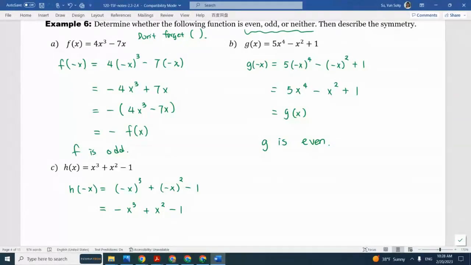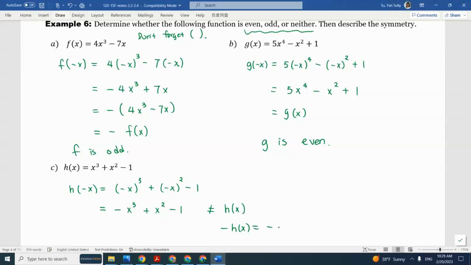Okay, we simplify it. Compare with this. Are they the same? No. The x squared and the minus 1 are the same, but the x cubed is not the same. Right, everybody? So this is not equal to h of x. How about negative h of x?